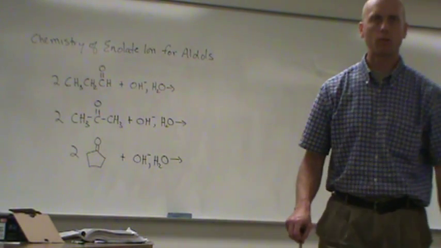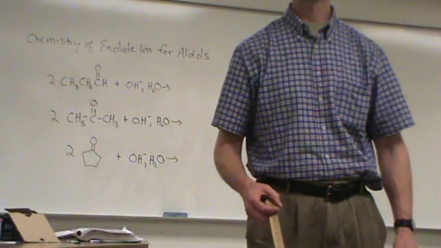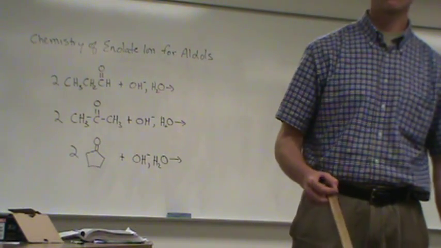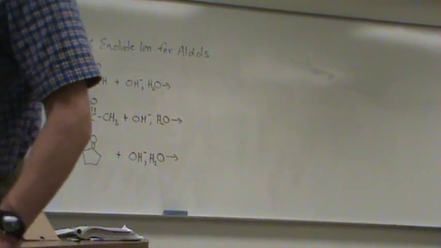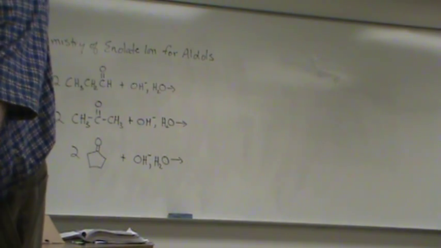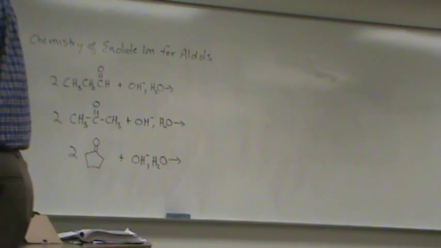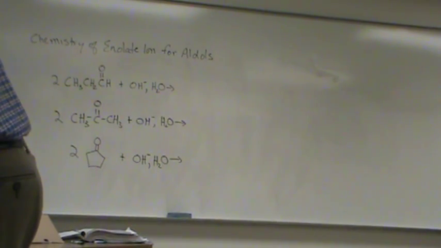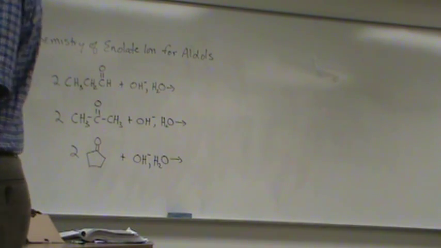Go through them. This is the same thing. It's like one up here. It's just like a substitution. So what's that? Wait, so when we're making this enolate ion, the alpha carbon is going to be this?